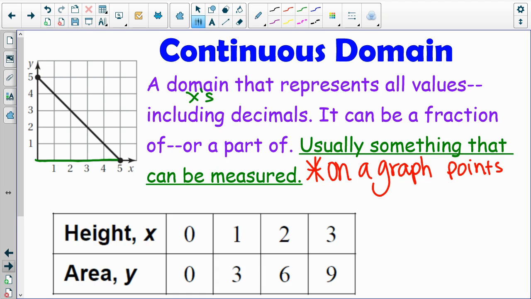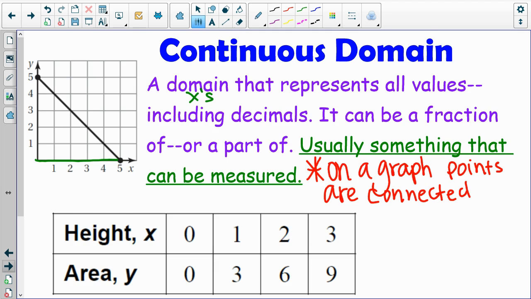So continuous, connected, discrete, disconnected. That's how you know if you look at a graph, even if you don't even know what the x's represent, if they're connected, you know they're talking about something continuous, something that can be a decimal or a fraction. And that's most of the time something you can measure with a measuring device. Height, weight, speed, distance, time, all that stuff.